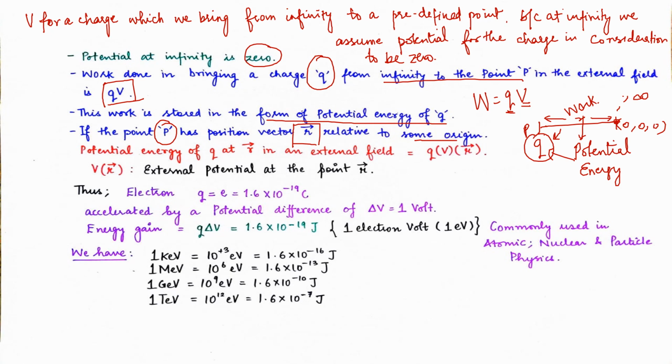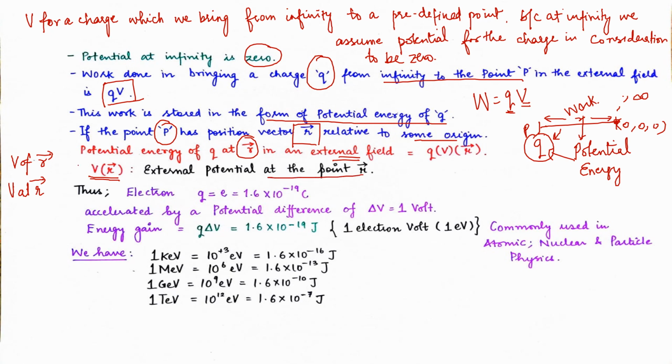Now, potential energy of Q at r in an external field will be given as V of r. Potential energy at r, V of r. This is spoken as V of r, that implies V at r, the external potential at point r.